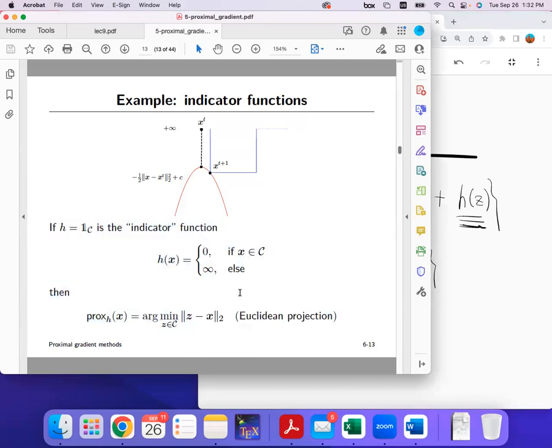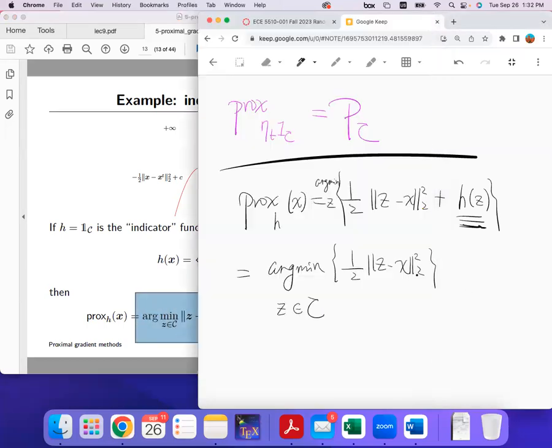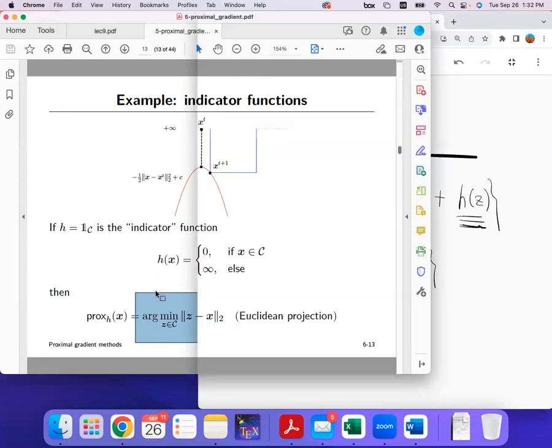Because on the right-hand side, we are talking about the minimizer of the problem. Based on this definition, we are looking for the minimizer, which is the closest point to X within set C, because it is a distance to the power of 2. And here is the same thing. We can ignore the power of 2 and also the 1 over 2 because they do not change the minimizer.